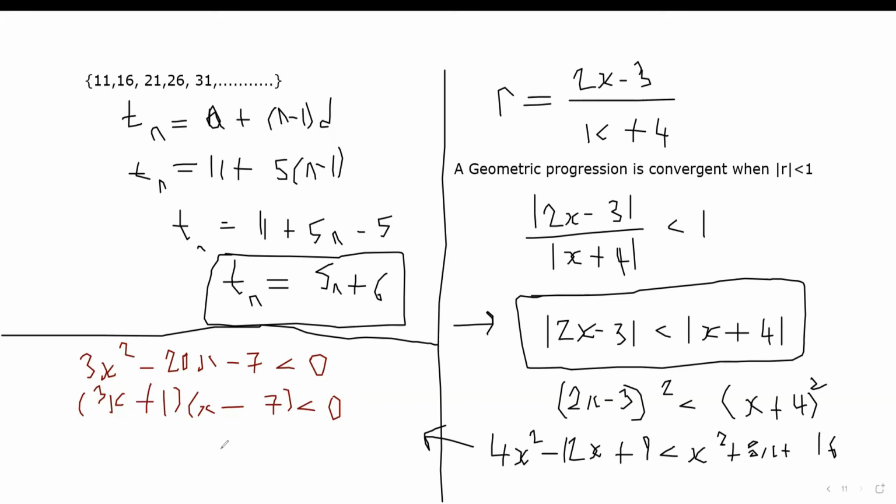So that means the final answer is that x would work out to be between 7 and -1/3. Those are the values of x that will make the common ratio less than 1, hence making it a convergent series. All right, x has to be between -1/3 and 7.